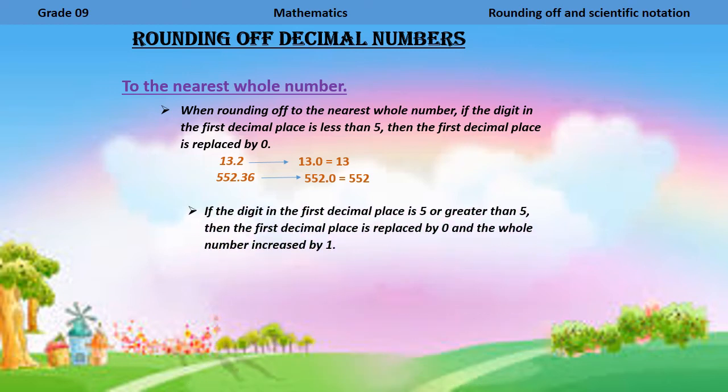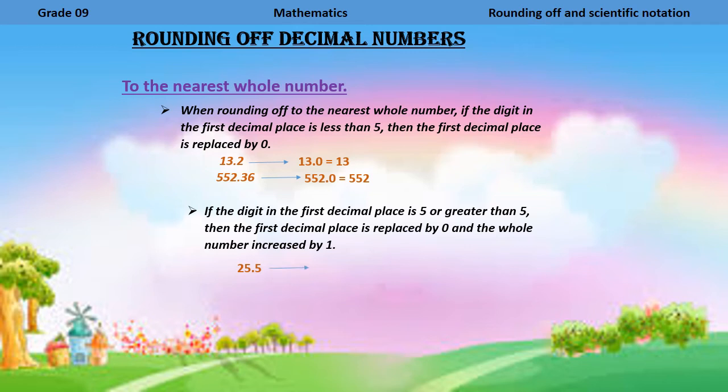Then if the digit in the first decimal place is 5 or greater than 5, then the first decimal place is replaced by 0 and the whole number increased by 1. 25.5.